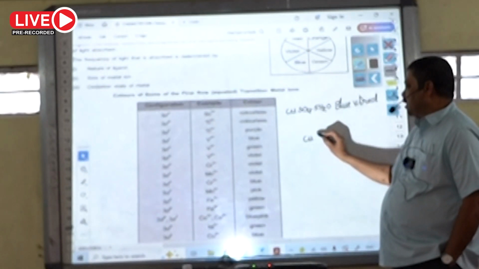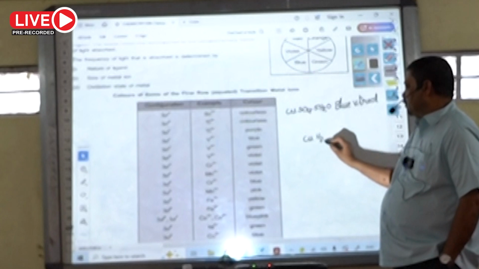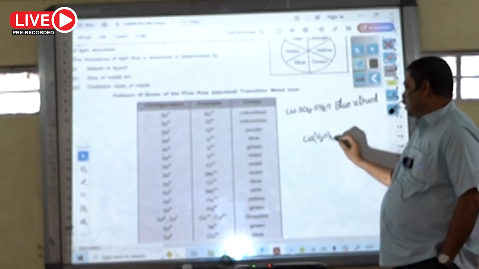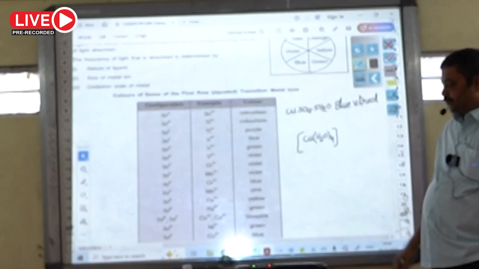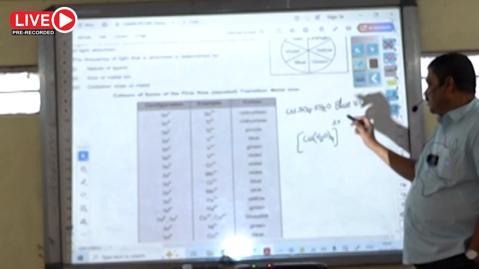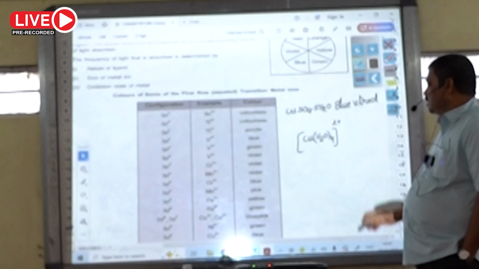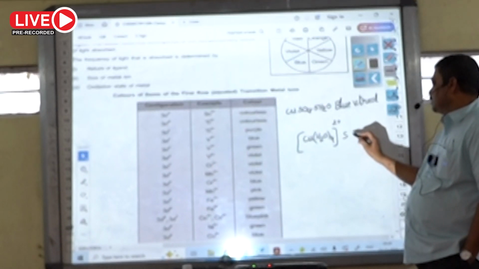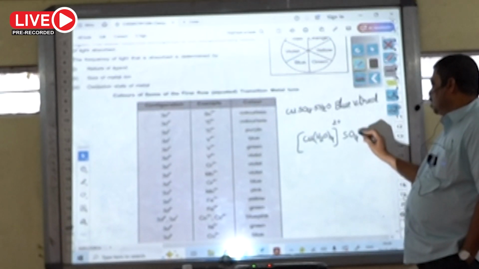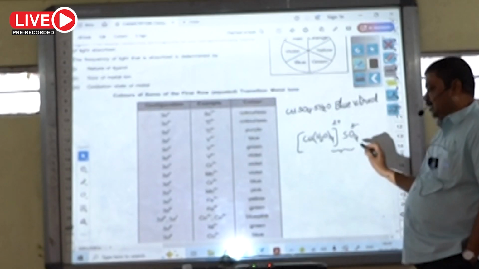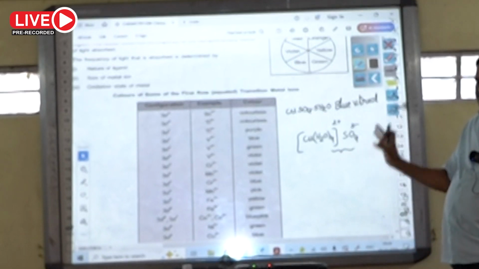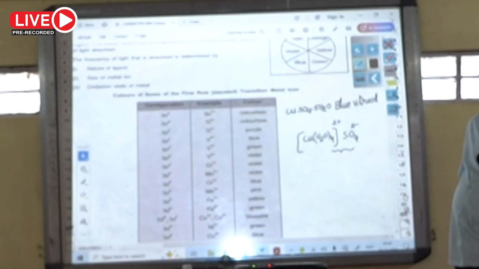Means the copper ion is surrounded by 4 water molecules in the coordination sphere, with copper having 2 plus. And the sulfate ion joins here with ionic bond. This bond is ionic, between the square bracket and the sulfate.